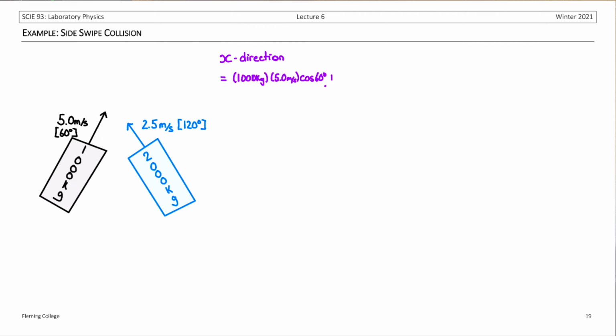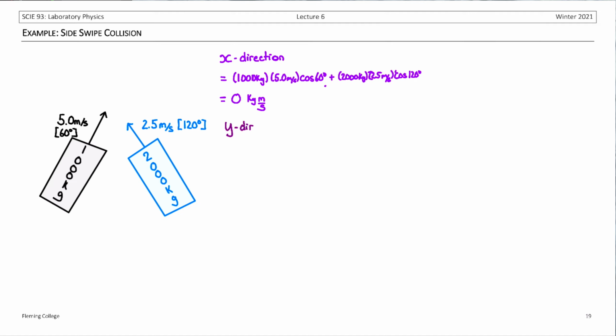And the blue vehicle contributes 2,000 kilograms multiplied by 2.5 meters per second and the cosine of 120 degrees. You should see that this is just the original 5,000 kilogram meters per second magnitude for each of them, scaled by the two cosines. These two cosines are actually equal and opposite, so our x direction has 0 momentum.